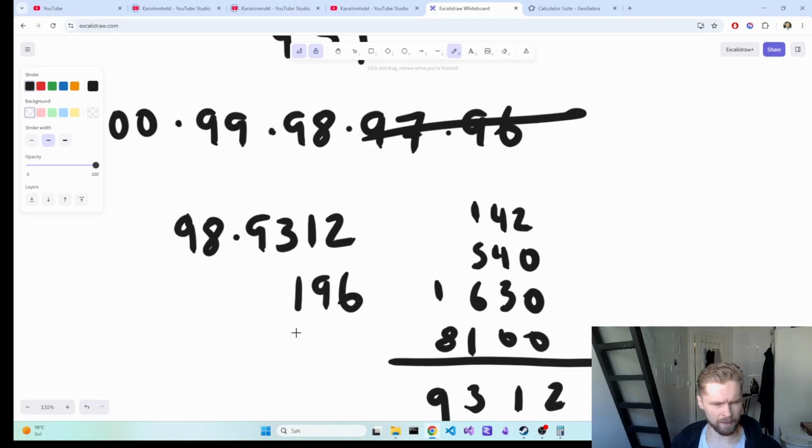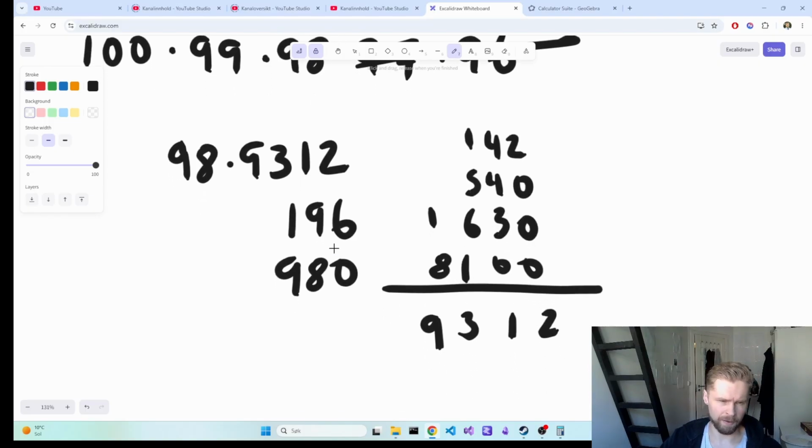Then we got 10, is going to be 980. Then we got 3, which is 300 minus 6, which is 294. Wait. No, it's not 294. See, I'm too tired for this. But it is 294 actually.